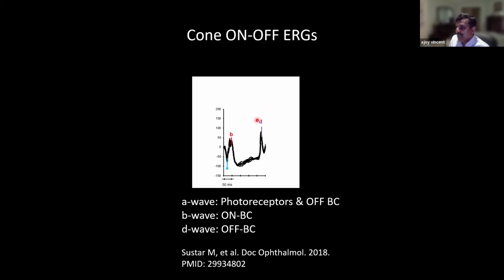So you can further differentiate the components of the cone B wave by using a longer duration flash. And we'll have some examples of why this stimulus may be useful in some select cases.